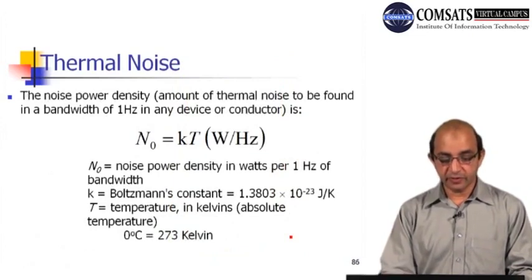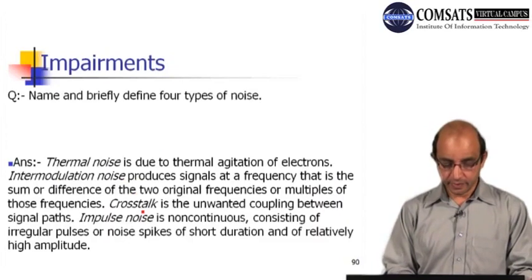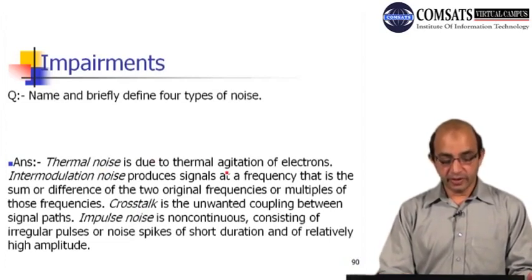Here is the expression for the thermal noise. N naught is equal to kT, the noise power density, where k is the Boltzmann constant and T is the temperature. Okay, and now we can answer the question. Thermal noise is due to thermal agitation of electrons, and intermodulation noise produces signals at a frequency that is the sum or difference of two original frequencies or multiples of those frequencies.